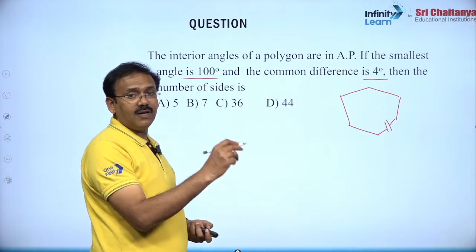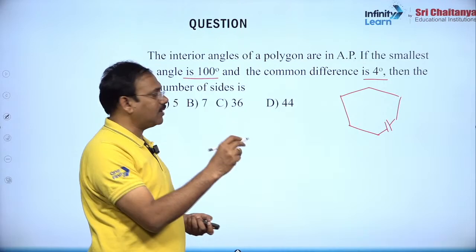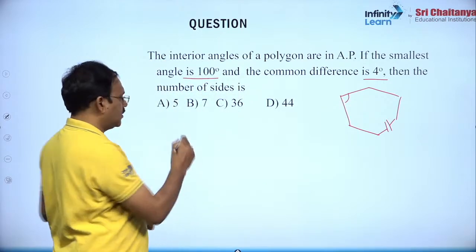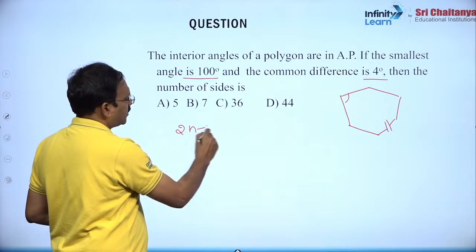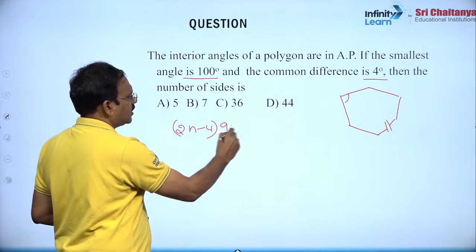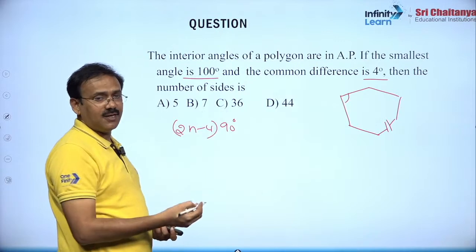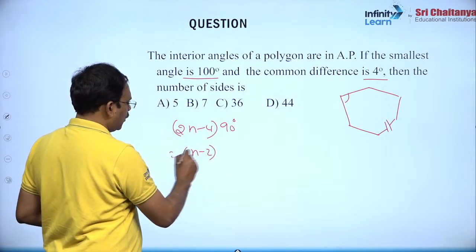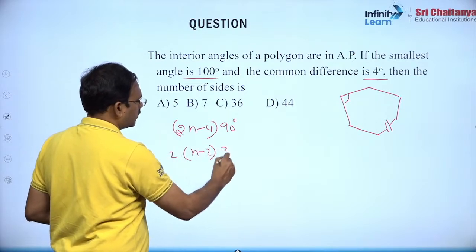Suppose there is a polygon with n sides; the sum of all interior angles formula is 2n minus 4 right angles. You can also write n minus 2 into 2 into 90 degrees.